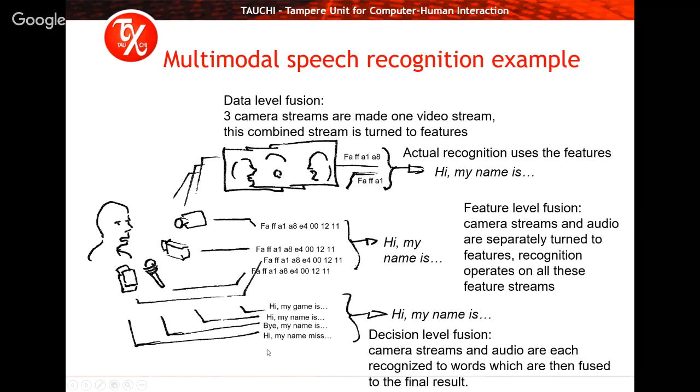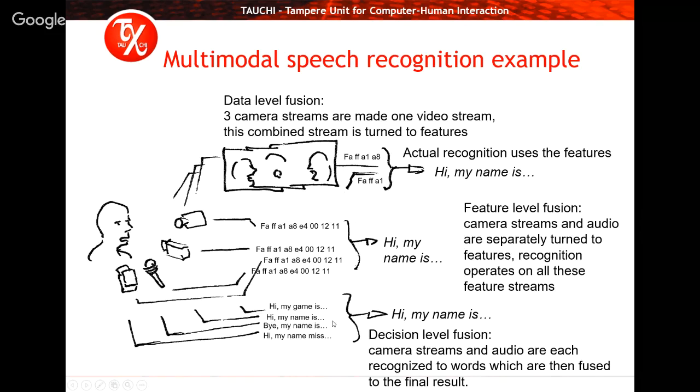But this is maybe the most technical part of this, and only if you are a pattern recognition, machine learning or signal processing specialist will you actually be implementing this. It is here for you just to provide some generic understanding that this fusion can happen on different levels. But most of what I will be talking about from now on is this decision level.